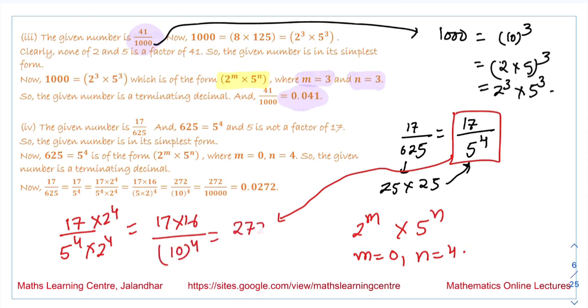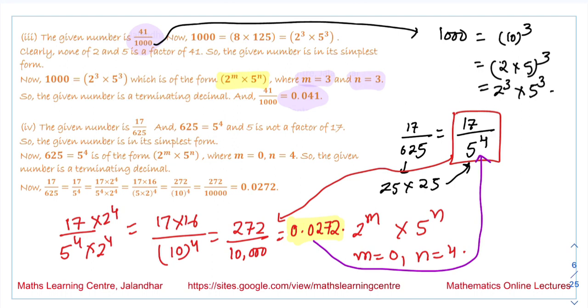So it is 272 over 10,000. So it is 0.0272. So this is our answer over here, that the decimal representation of this number is 0.0272, and it is a terminating decimal representation. And this is also clear from the fact that the denominator is of the form 2 raised to the power m into 5 raised to the power n.